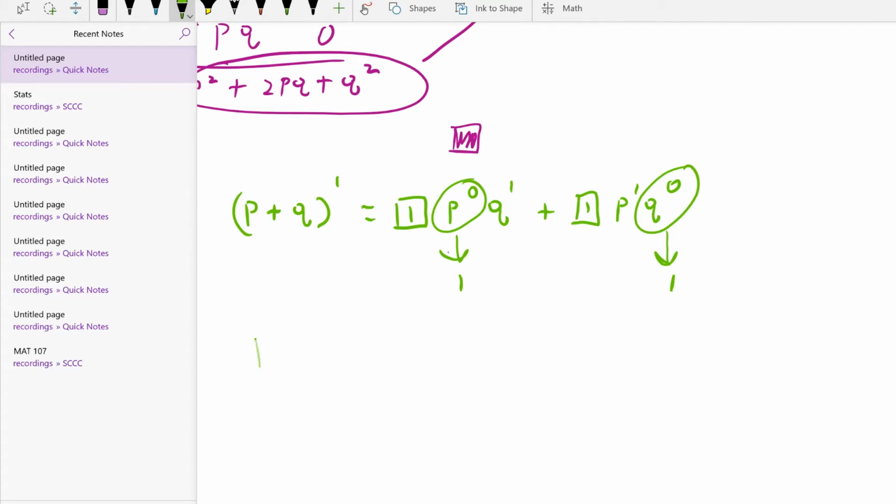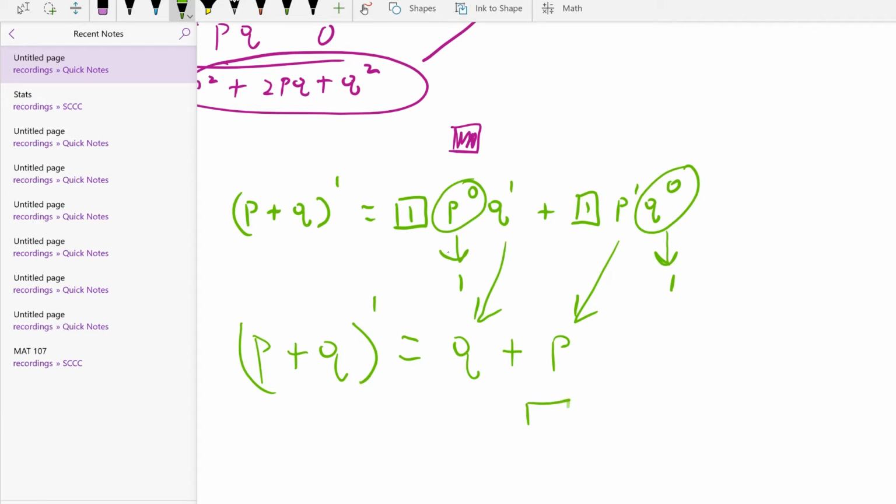So that tells us that p plus q to the 1 has to equal p plus q. And it does, only it's in reverse order here. Here it's equal to q to the 1, which is q, plus p. But of course, addition is commutative, so p plus q equals q plus p.